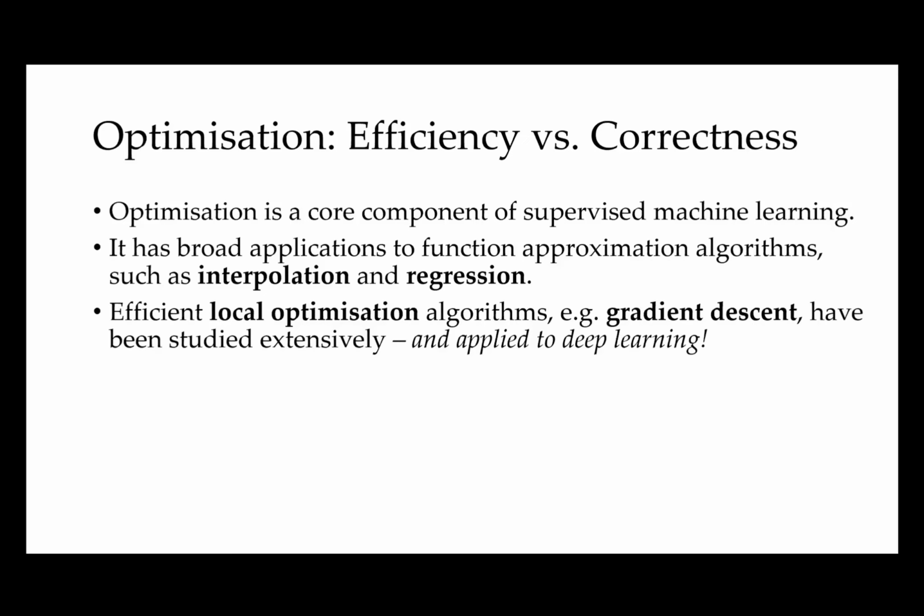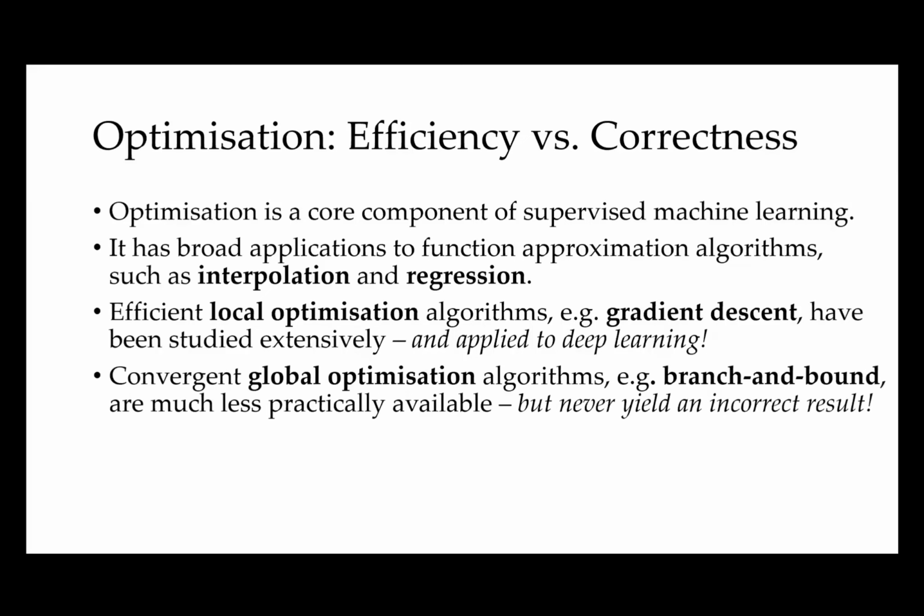So the first type of optimization algorithms are local ones, such as gradient descent, which is used throughout deep learning, neural networks, things like this. They've been studied extensively and basically made as efficient as they can be nowadays.